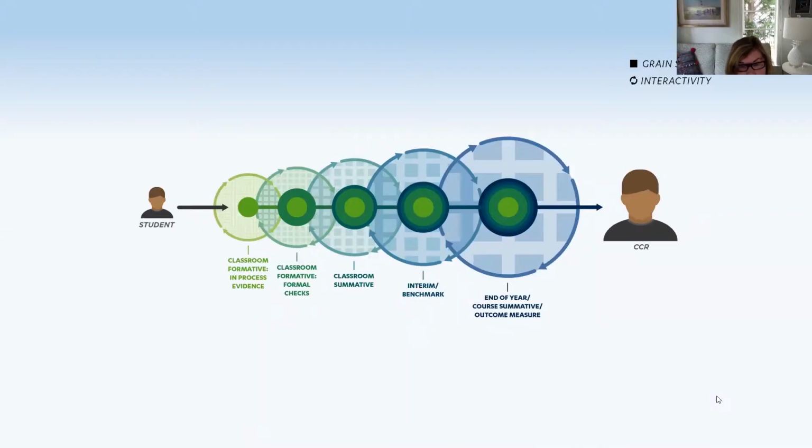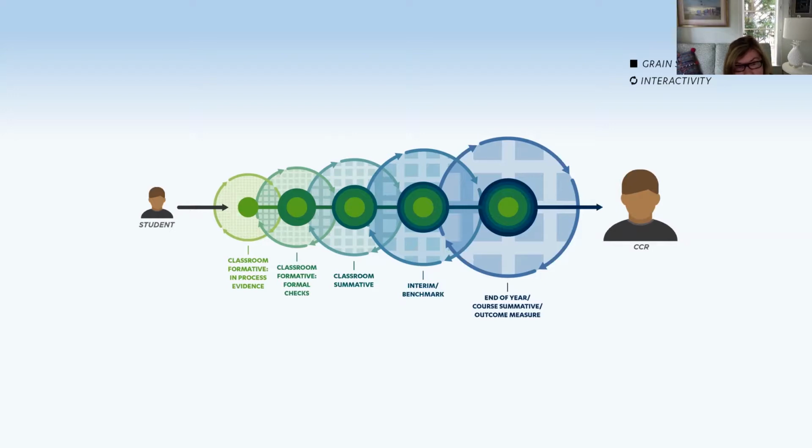Look at this comprehensive assessment system here, where we have a range of different assessments to provide a range of information for those people who make decisions about student learning, from teachers through to principals, through to district administrators, through to policymakers.